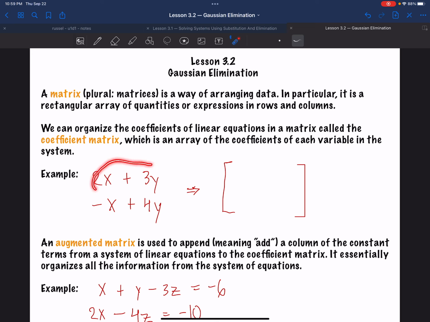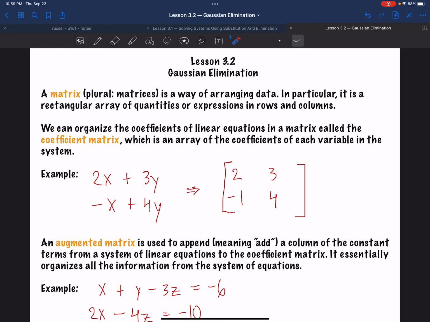But the equations are in rows. So I'm going to write the coefficients in a sort of array here in columns and rows. 2, 3, -1, and 4. Notice, right? This is 2 times x, 3 times y, -1 times x, 4 times y.